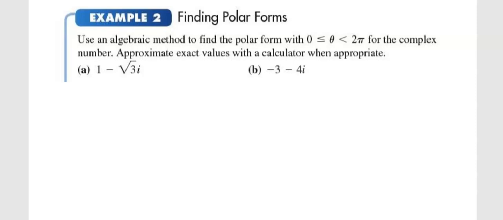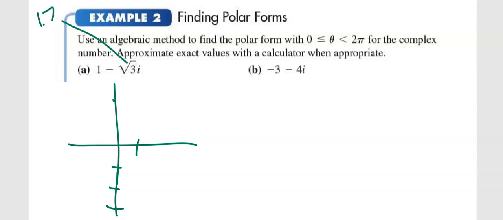Okay. So 1 minus radical 3 i. Now radical 3, we know that's approximately 1.73 for those of you decimal fans out there.